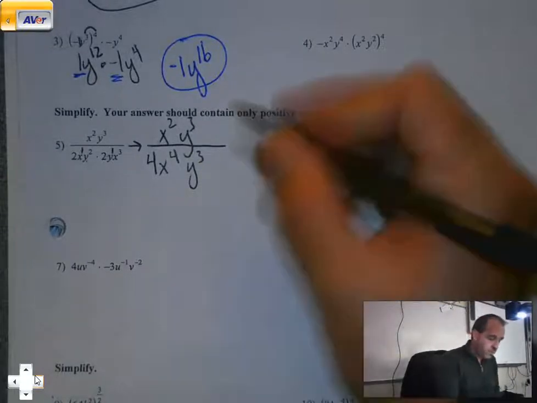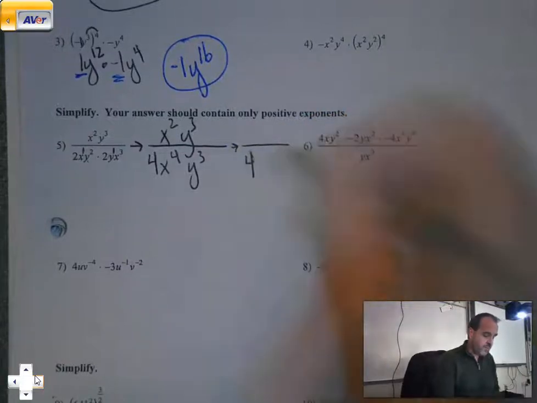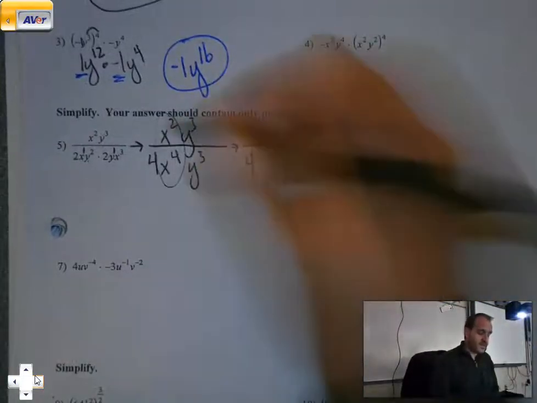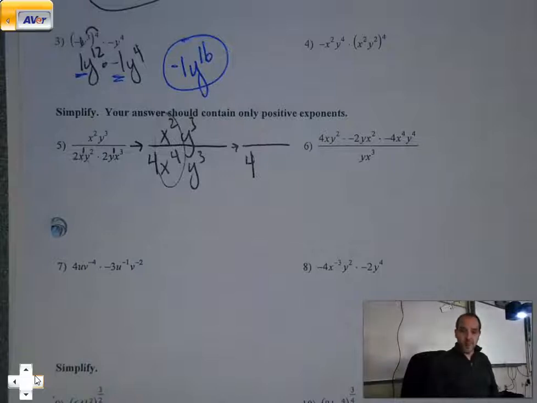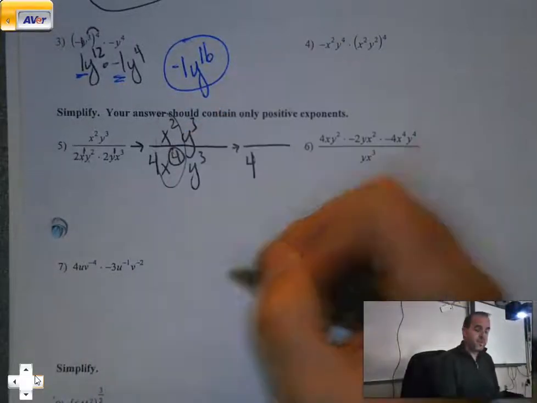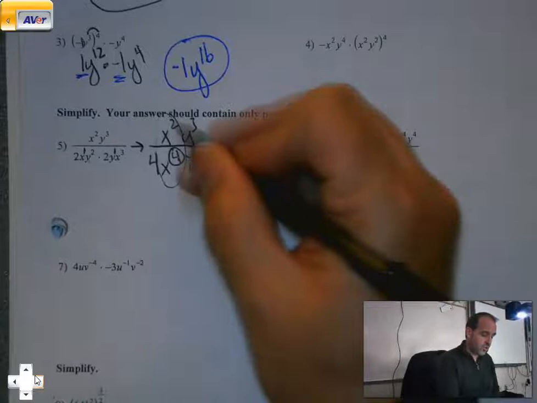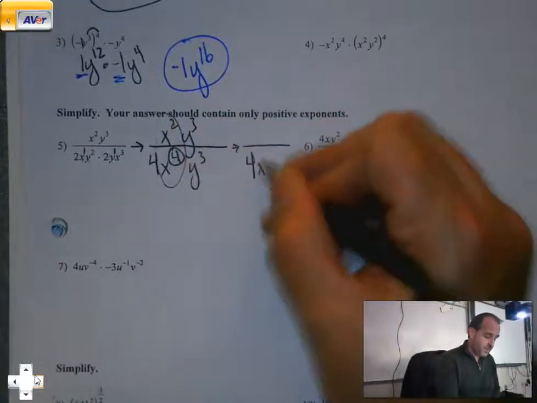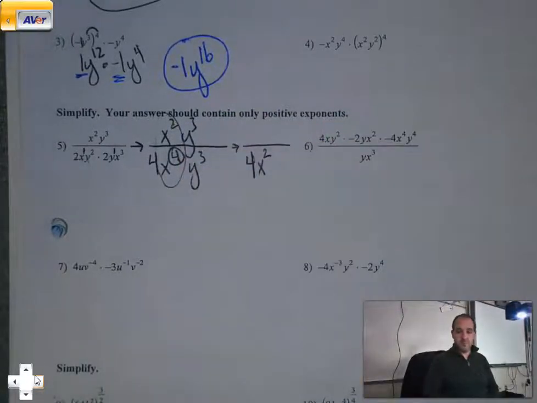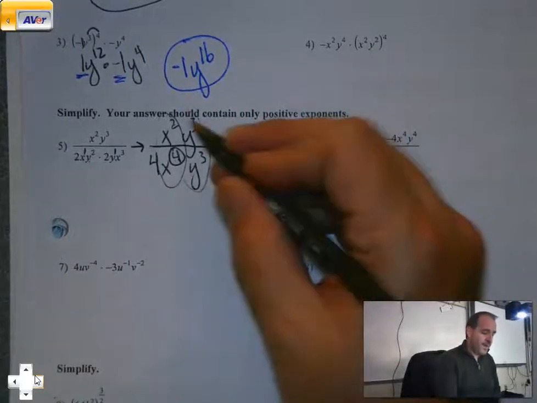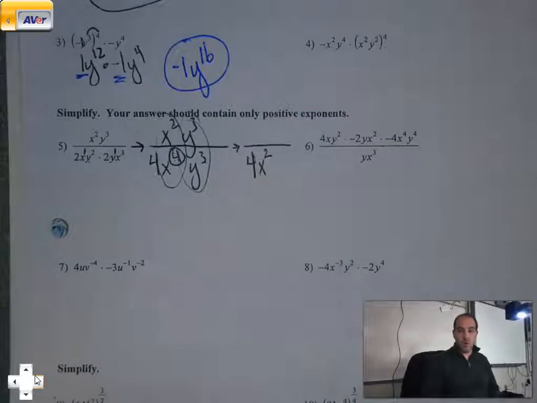But now, okay, here's my x's. Find the bigger exponent. Subtract. 4 minus 2 is 2. And that tells me where my answer goes. Y, 3 minus 3 is 0.